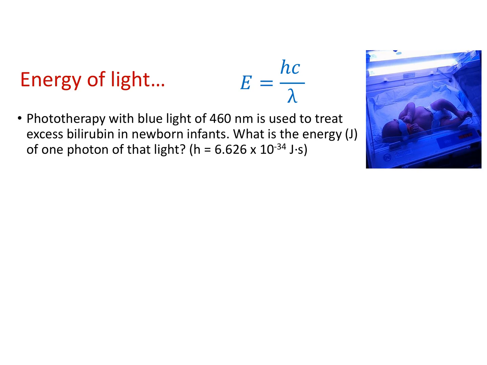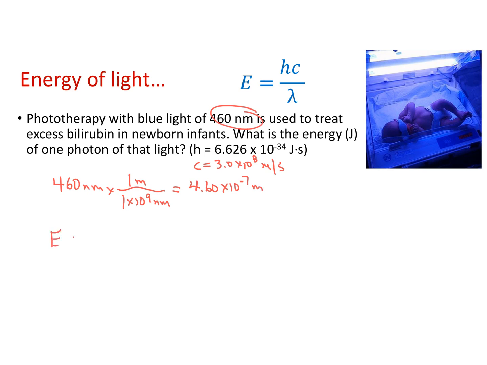Because c, the speed of light, is given as 3 times 10 to the 8th meters per second, and I have wavelength in nanometers, I need to convert my wavelength from nanometers into meters. For every 1 meter, I have 1 times 10 to the 9th nanometers. So 460 nanometers is 4.6 times 10 to the minus 7 meters.